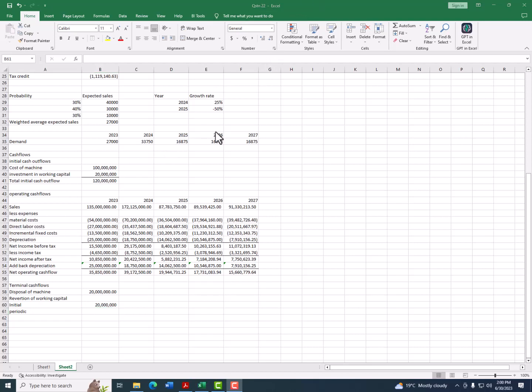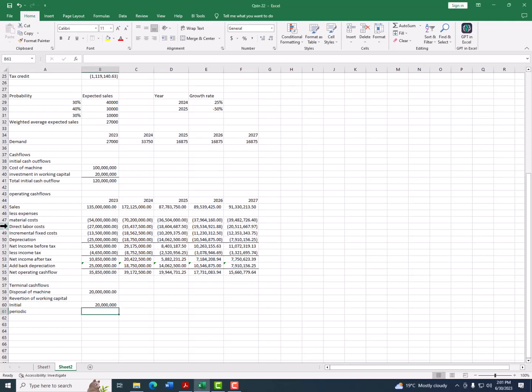Hold up. We forgot to include the periodic working capital, investment in working capital, and which is okay because we can just include it. That's the beauty of Excel. Once we find that we did not include it, we will have to add a row here.